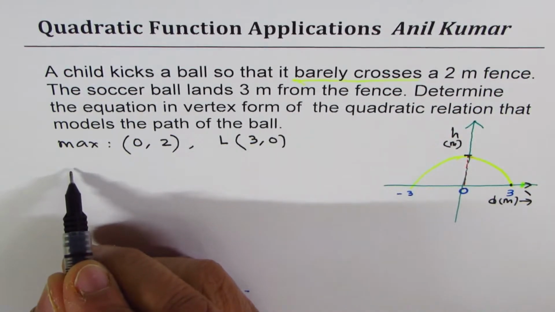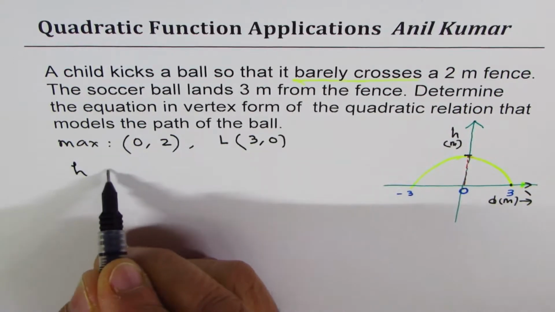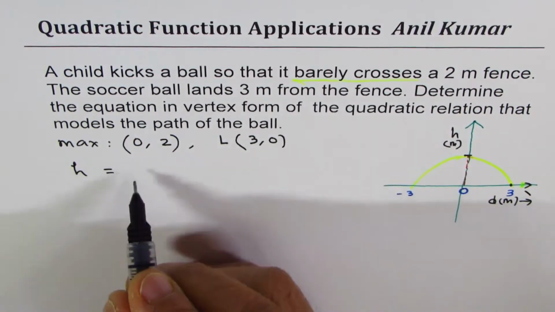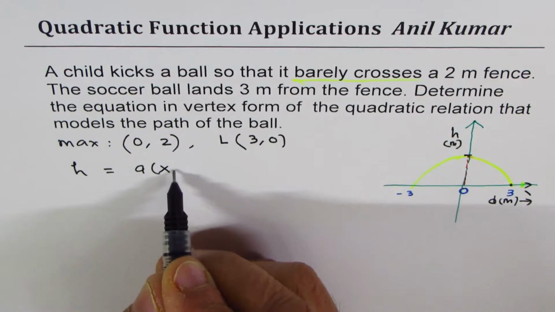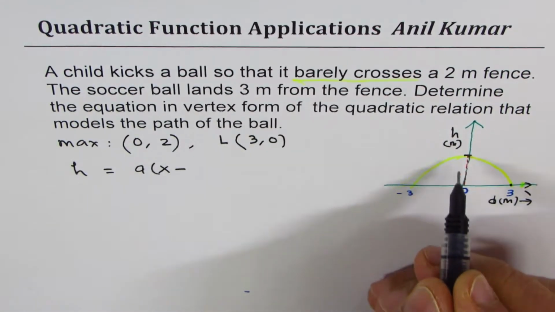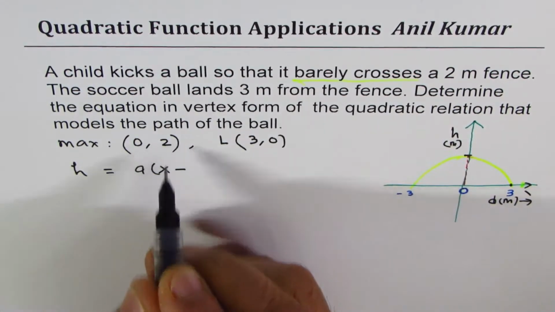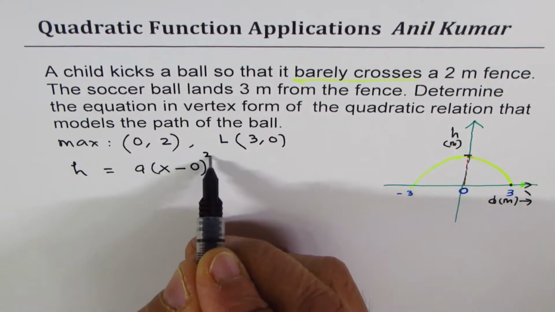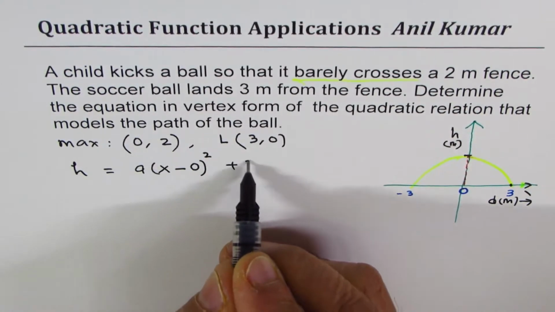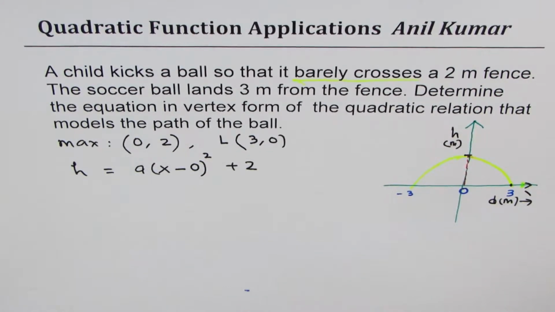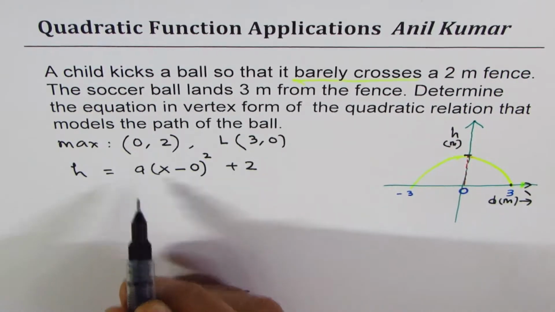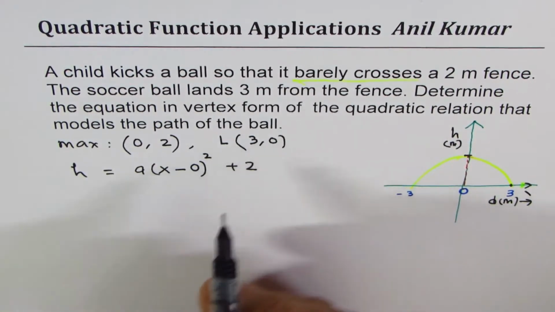So in vertex form, we can write the height h is equal to a times (x minus 0) whole squared plus 2, since the vertex is at (0, 2), correct? So that becomes the equation in vertex form. To get the value of a, we'll use the point L (3, 0).